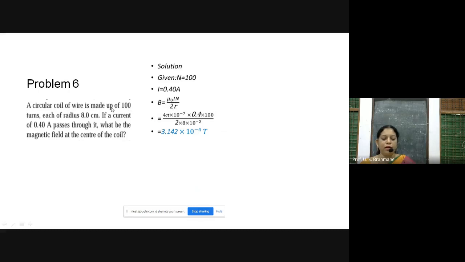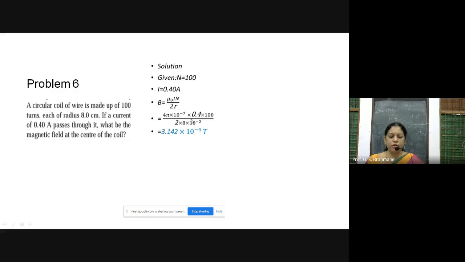But if there are n number of turns, then this equation is modified. B is equal to mu 0 I into n upon 2R. So n is the number of turns. And R is equal to 8.0 centimeter, that means 8 into 10 raised to minus 2. mu 0 is a constant value, 4 pi into 10 raised to minus 7.